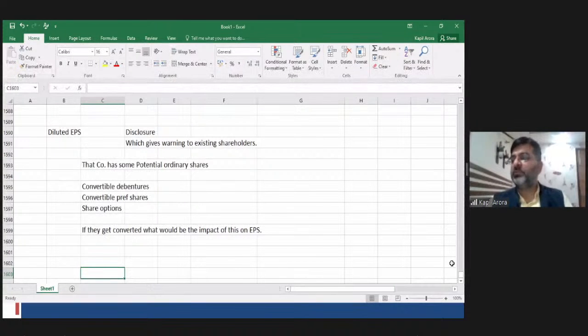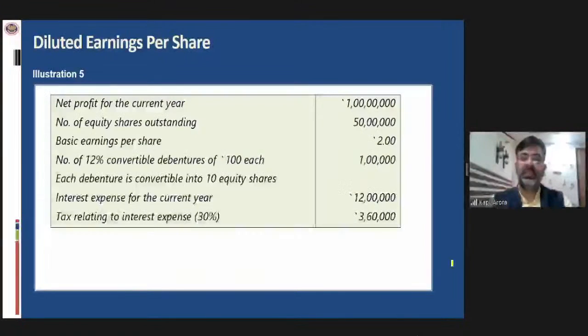That was for comparison. We give the warning for every potential ordinary share. So let's understand this with an example.